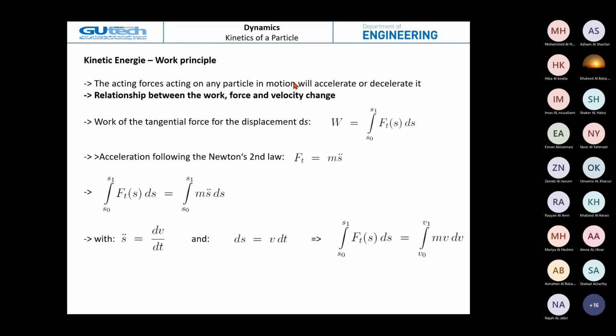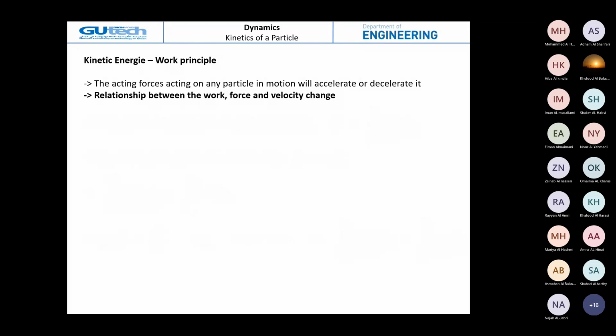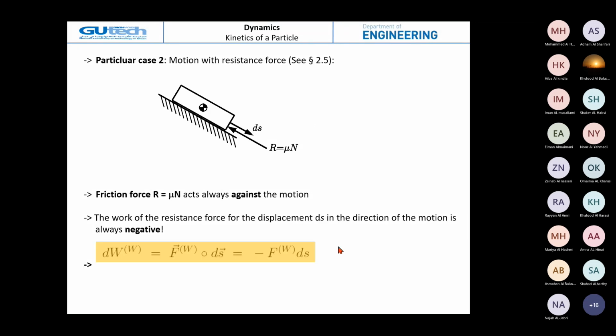Accelerate means it is in the same direction. Decelerate means they are in opposite directions, as we have seen previously. In this example here, it's opposite to it, which means it is decelerated. That's trying to stop it.